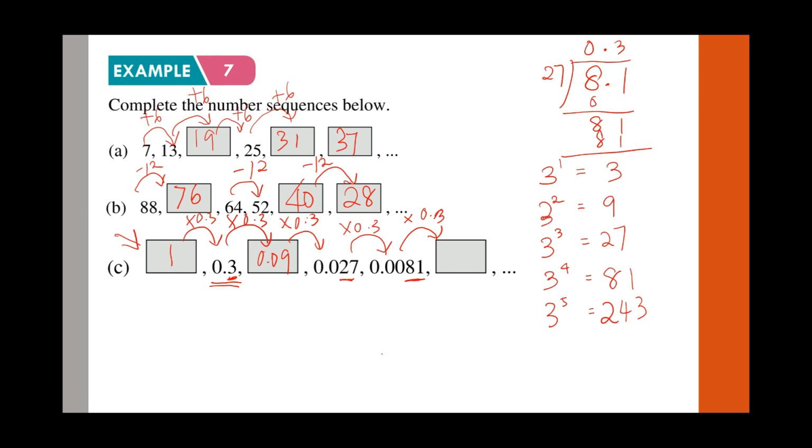Okay, the last answer here after Naifar. Is Alia Zarifa here now? If not yet, I move to Azwin. Azwin, can you give me the answer for the last one? 0.081 times 0.3. You see this one, 4 decimal places plus 1, we will have 5 decimal places. So the answer is 0.